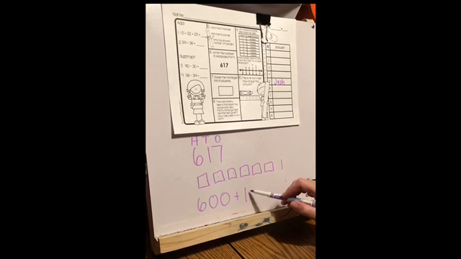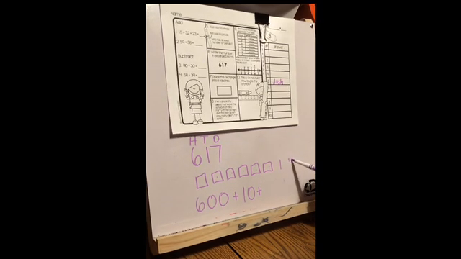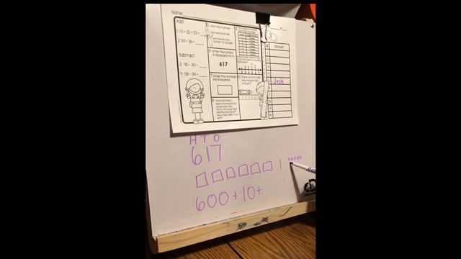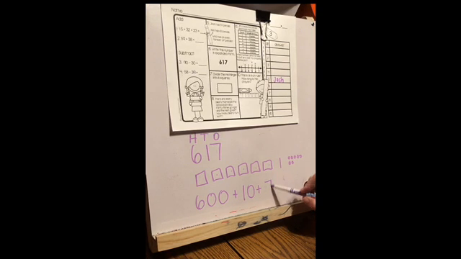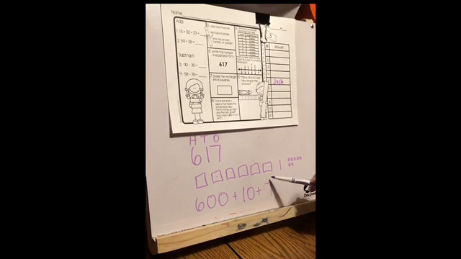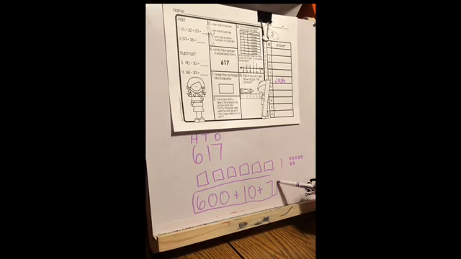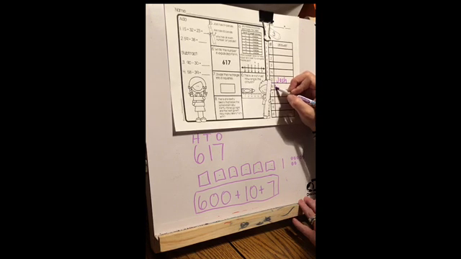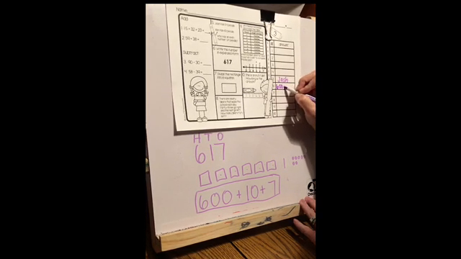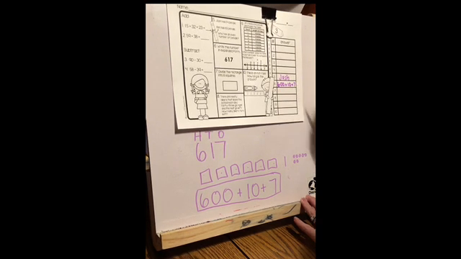It has a value of 10 plus, and we would draw our 7 little ones, and we count them by 1. 1, 2, 3, 4, 5, 6, 7. So we know that 617 in expanded form would be equal to 600 plus 10 plus 7.